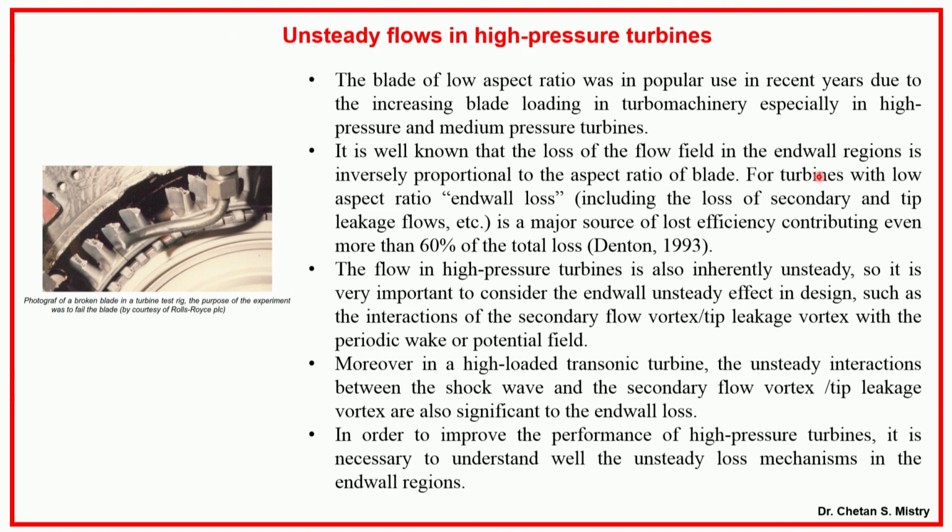So, if I have a lower aspect ratio, I will have more end wall losses. In this region we have inherent unsteadiness because of the end wall region, and the interaction of secondary flow, tip vortex flow, periodic wake and potential flow field, all together creating a lot of trouble in the flow field. That gives the unsteadiness of my flow.